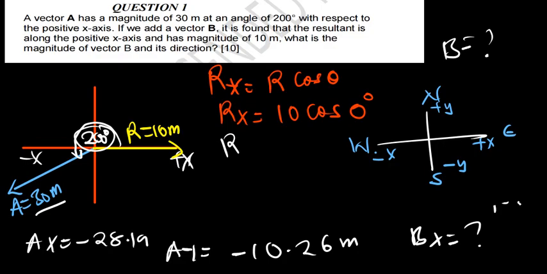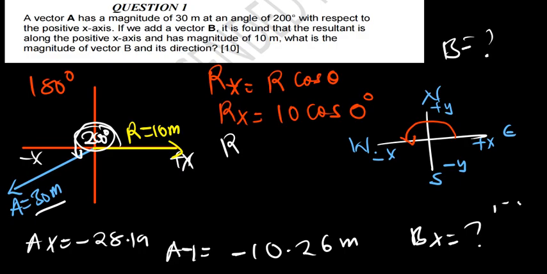Since we are measuring the angles from this line all the way until it touches the vector, if a vector is going toward west or toward negative x-axis, the angle is 180 degrees.